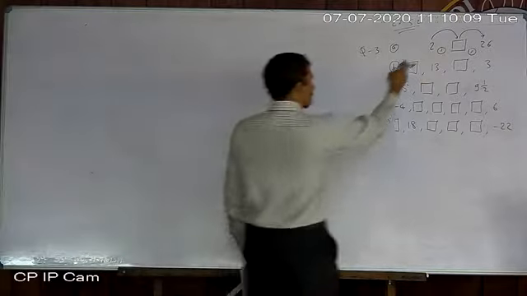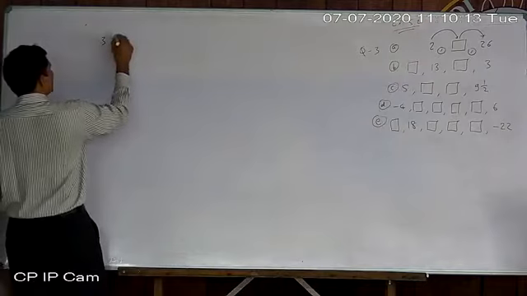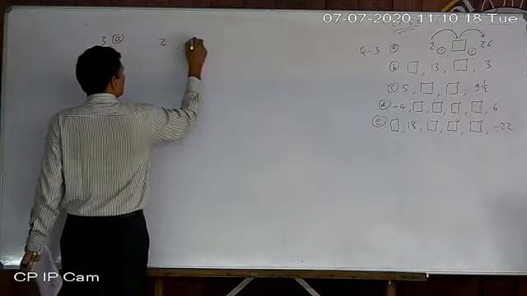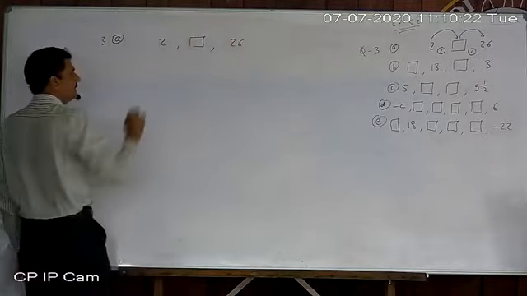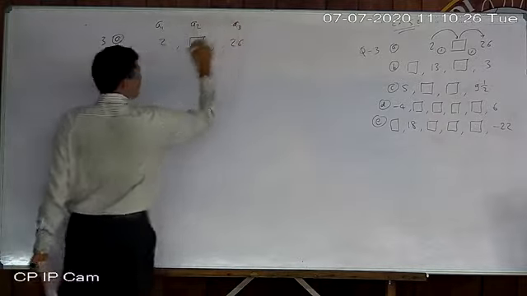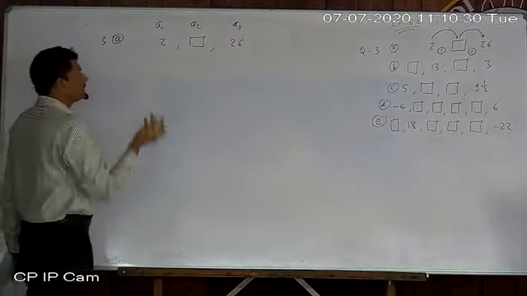Suppose I want to solve the first one, (a): 2, box, 26. They are nothing but a1, a2, a3. If we give a symbol to each term, we can call them a1, a2, a3.